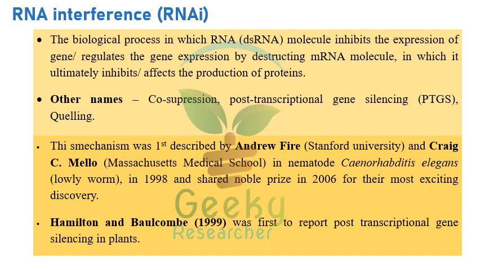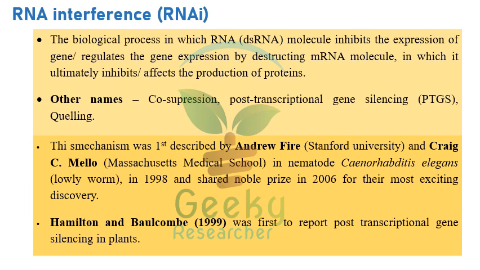The mechanism was first discovered by Andrew Fire and Craig Mello. This question was also asked many times. They first discovered the mechanism in a nematode called Caenorhabditis elegans. It is also very important, so questions will be asked like this: who discovered the mechanism of RNA interference? Andrew Fire and Craig Mello. On which nematode?